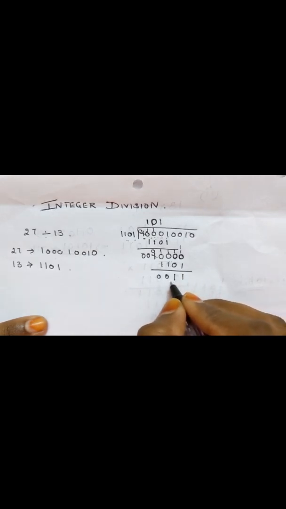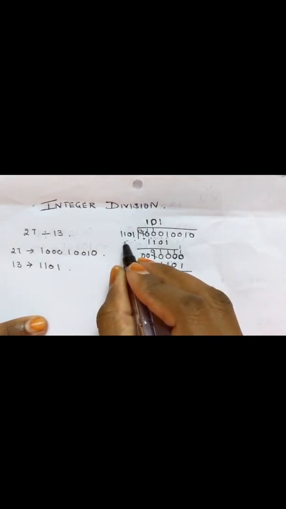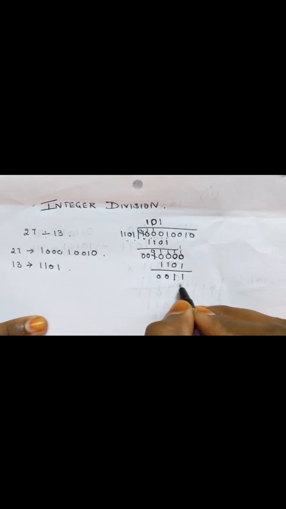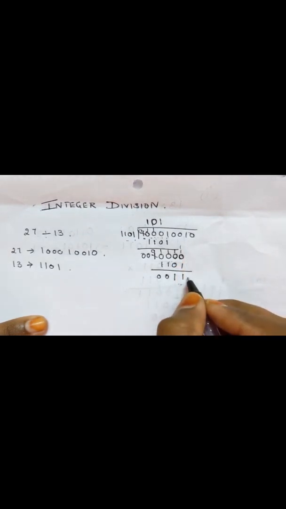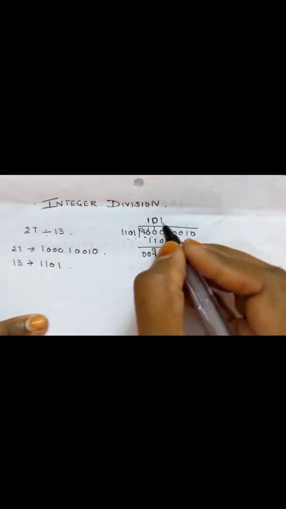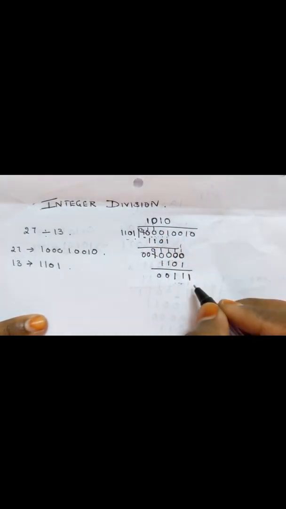Again you have to check whether this is divisible. No, this one is less, so you have to take 1 from here. This is also not divisible, so 0. Again you have to take the next bit.